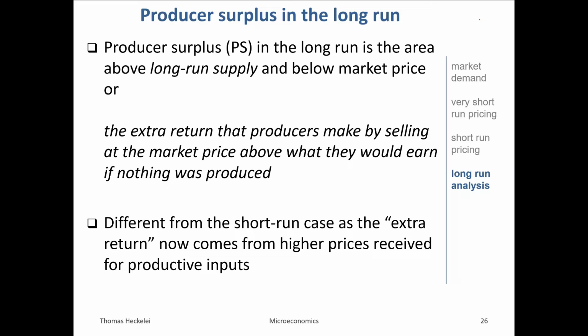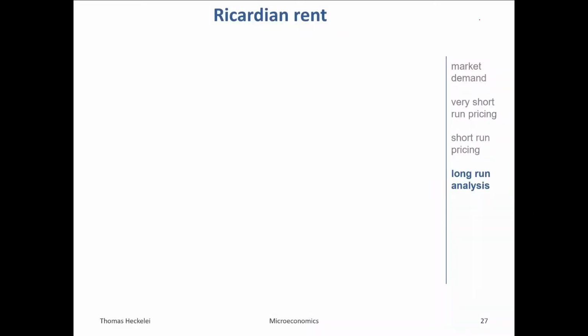So that is the difference now, which we will try to make clearer in the next slide. If that is still blurry to you, hopefully this example that David Ricardo gave will make it clearer.